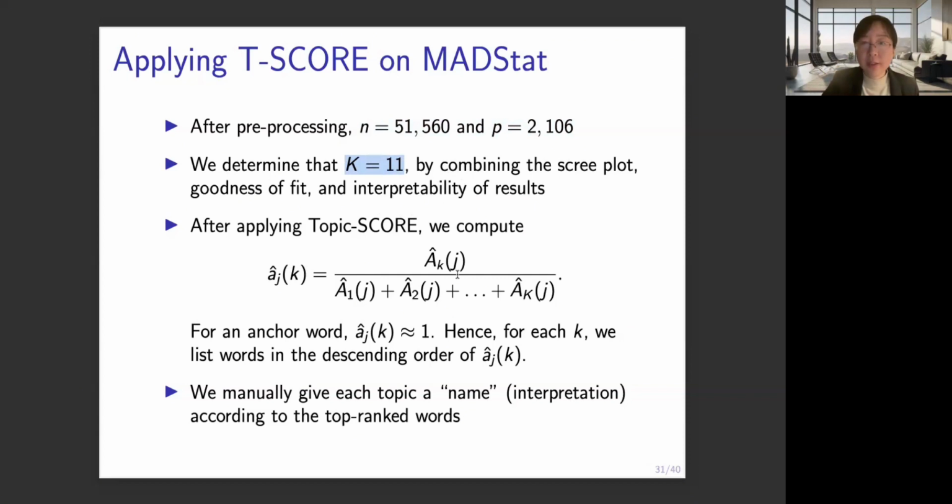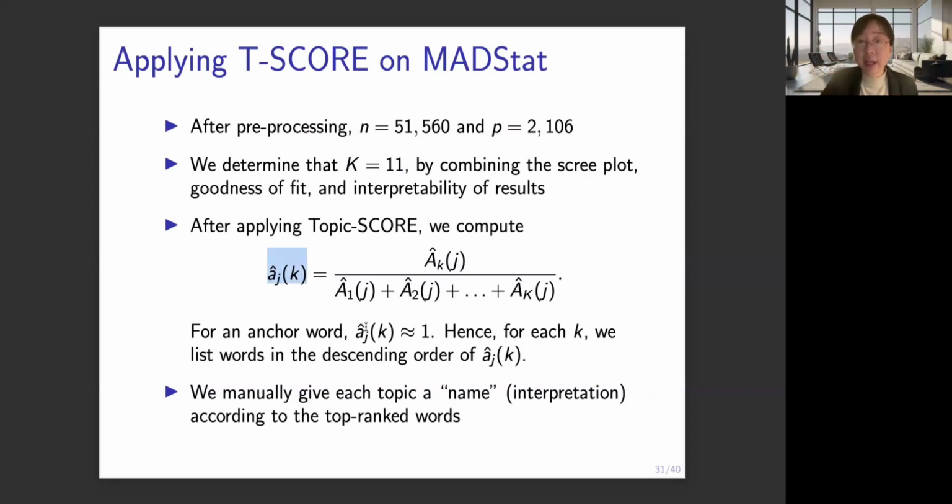Then we apply topic score, and we get the A hat matrix, the topic vectors. For interpretability, we will do some normalization. For each word j, we normalize the corresponding row by the sum of that row. So this will adjust each word by its frequency. And then for each j, now after the frequencies are adjusted, we can see which words are more likely to be the anchor words.